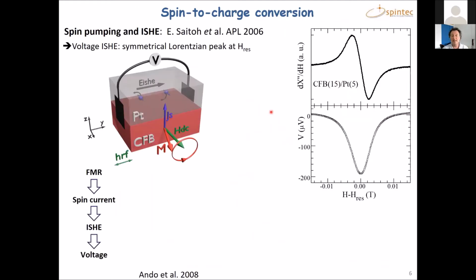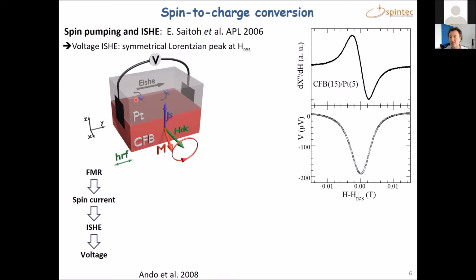The main technique that we have been using for all this study is spin pumping. In spin pumping, we use ferromagnetic resonance to inject a pure spin current from a ferromagnet, for example here CoFeB, cobalt iron boron, into, let's say, platinum, and this spin current is transformed into a transverse charge current that we can easily measure as a voltage in open circuit condition.